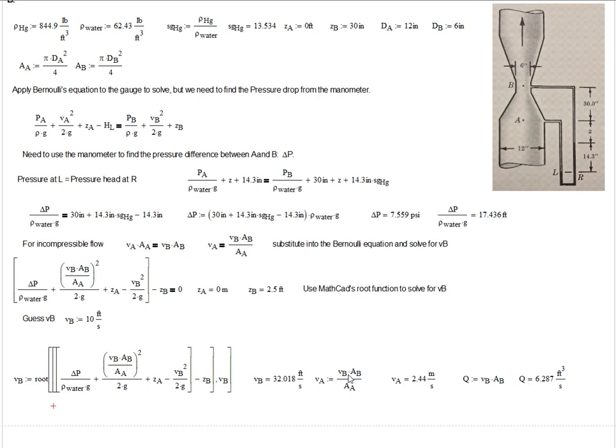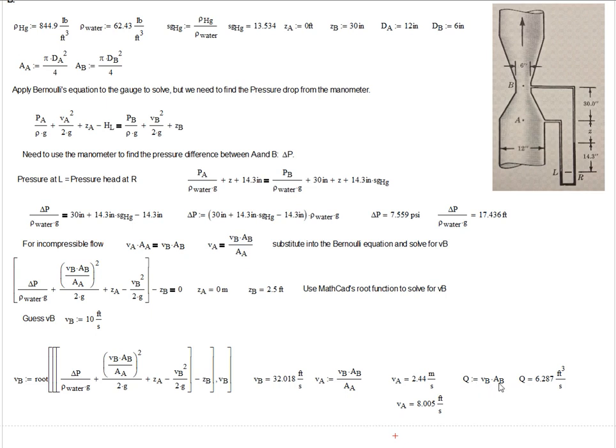I can then solve for the velocity at A if I would like to. That is 2.44 meters per second, or I could put that into feet per second as well. Let's put that into feet per second. So that is 8 feet per second. And then I can solve for the volumetric flow rate.